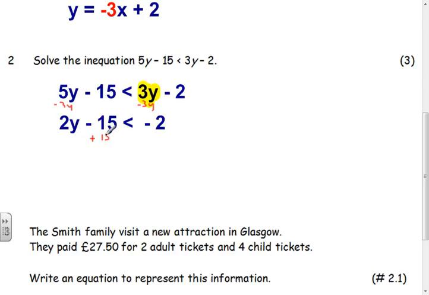So you do the opposite, and I want to add it to the other side as well, the other side of the inequality. So if I add 15 here, that cancels with the take away 15, so I'm left with 2y. And less than -2 plus 15 is 13. Finally, if you half it in the end, you get 6.5, or 13 over 2, that's also okay.